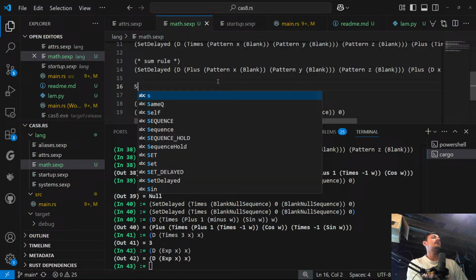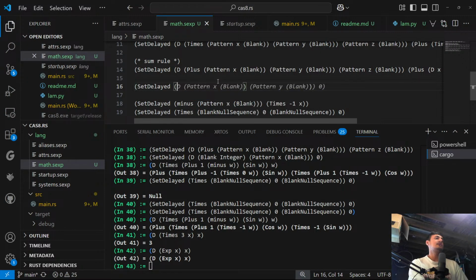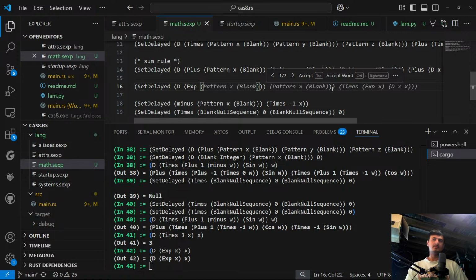All right. Set delayed d exp. Oh, is that a chain rule thing? No, but shouldn't this be the same blank? How did I write it before?